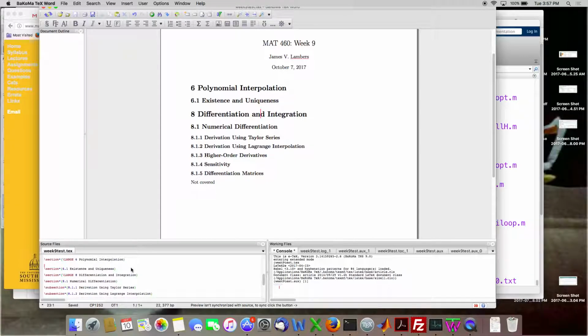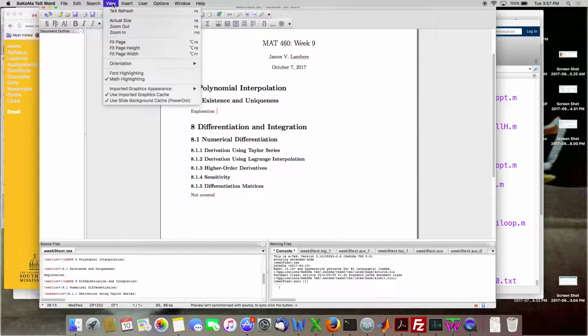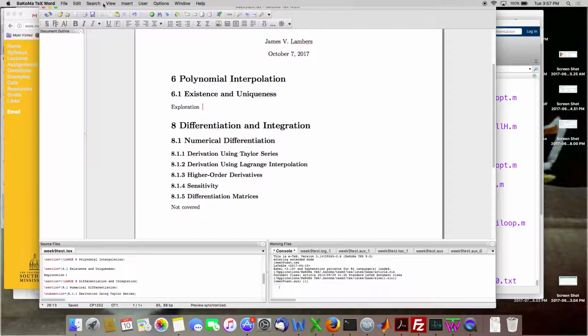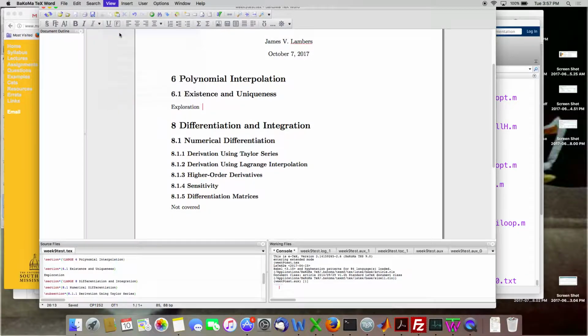So, about homework 3, one of the first explorations. Let's see if I can make this a little bigger. Zoom in a little more.